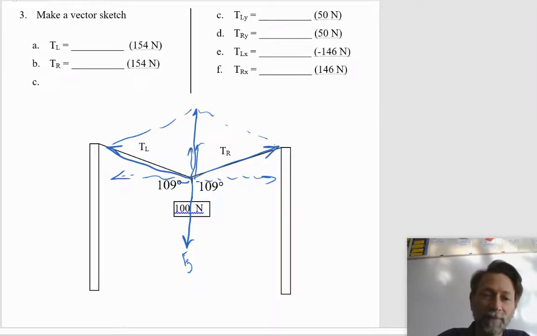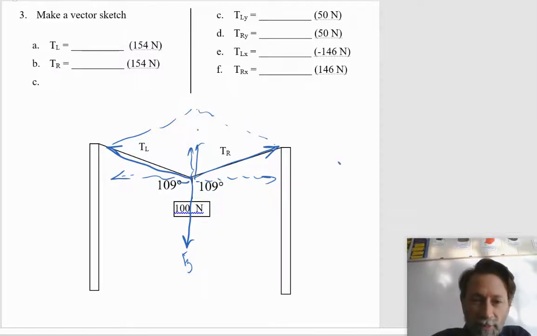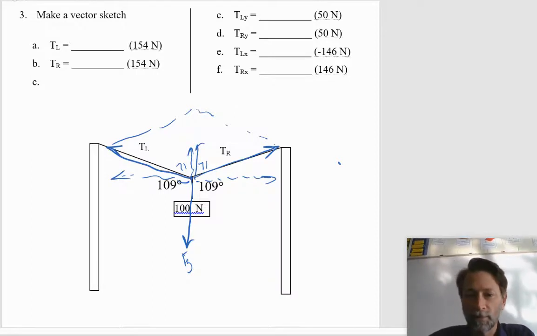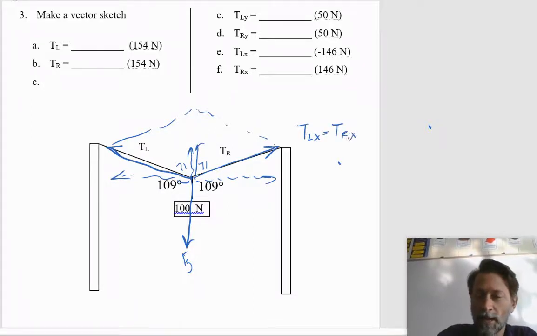So again, my angles, I'm going to split and say, well, if this whole thing is 109, that means this inside one is 71, this inside one is 71, right? And let's see, we can say that TLX is equal to TRX.